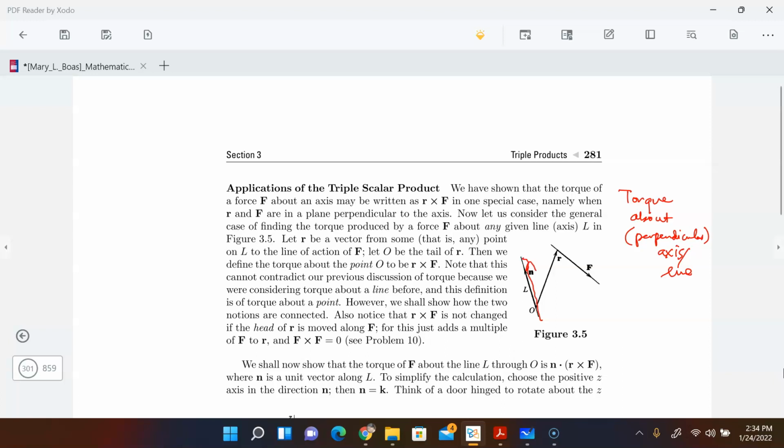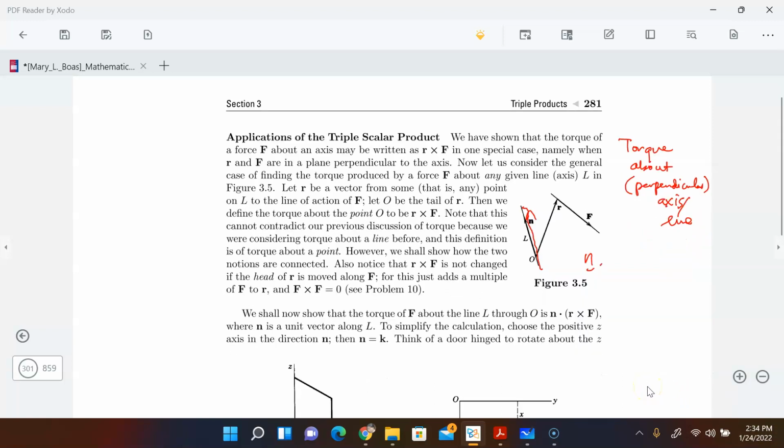Then this is simply n dot, what was it? n dot R cross F. I think it's somewhere below here. Let me just check.